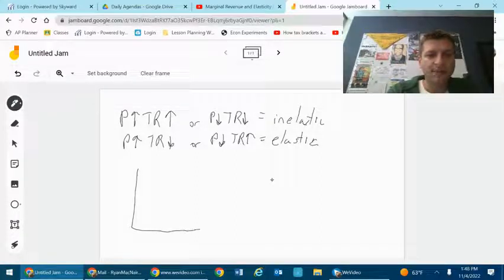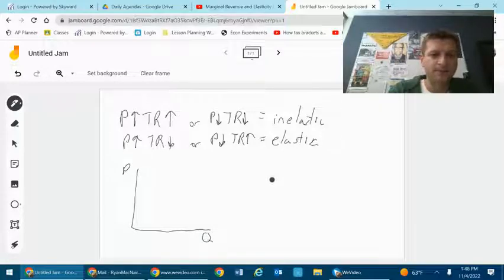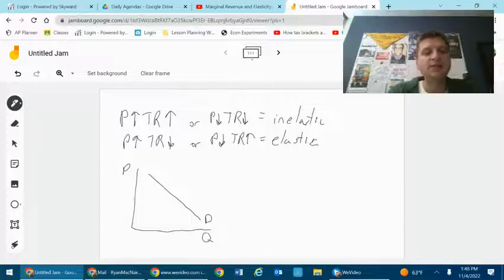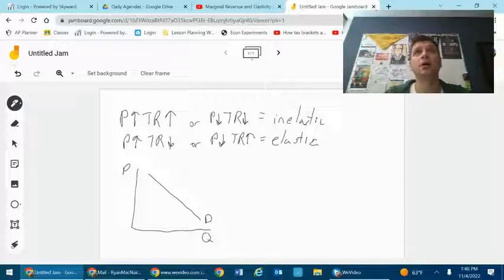If we do that and think of our demand curve and the concept of marginal revenue. Now, the concept of marginal revenue is the idea of the additional revenue that you gain from selling another product.